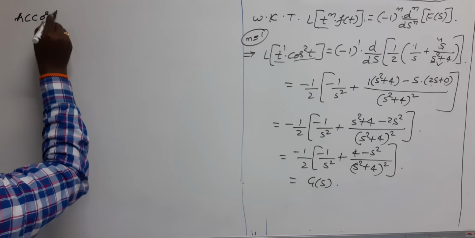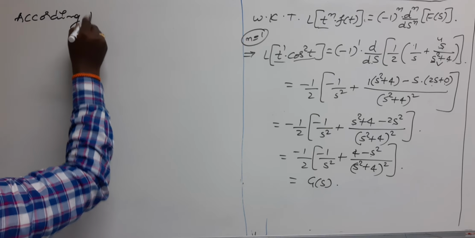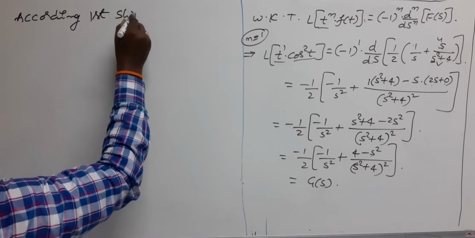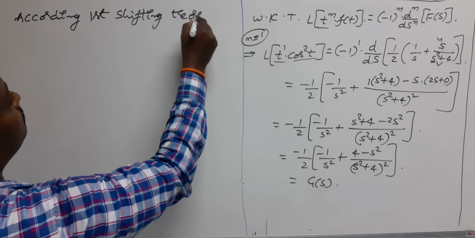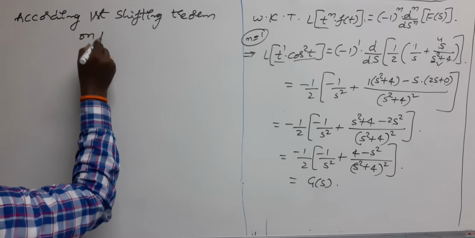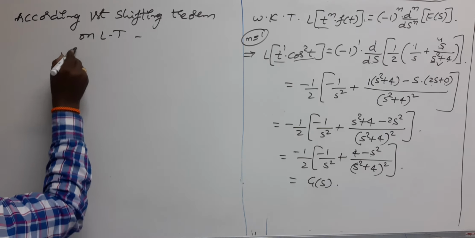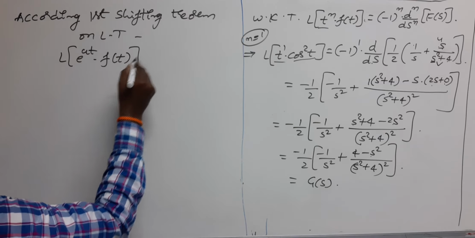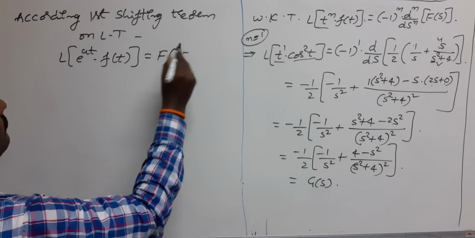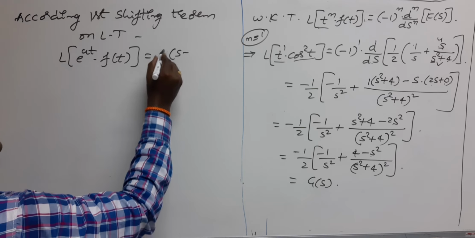So according to first shifting theorem on Laplace transform, L of e power at into f of t is equal to function of s minus a.